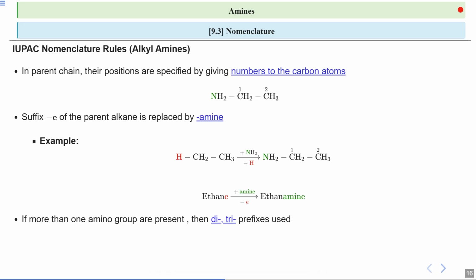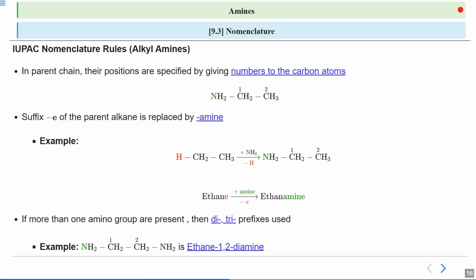Now, if more than one amino group is in the molecule, we use prefixes like di for 2, tri for 3. This tells us how many amino groups are attached to the carbon chain. So if you look at this particular example, you will see over here that 2 NH2 groups are attached, one on the first carbon and one on the second carbon.